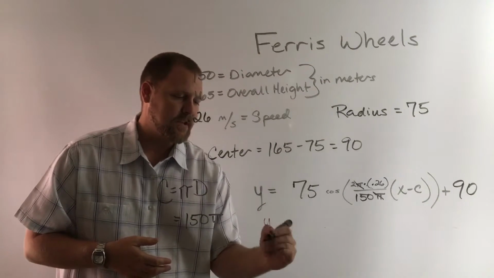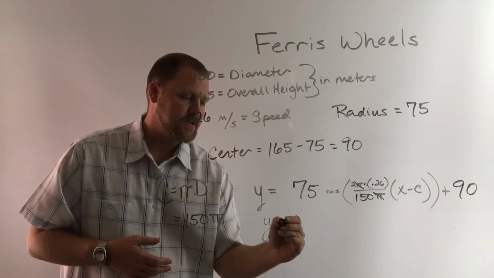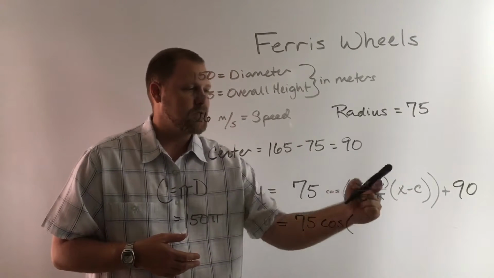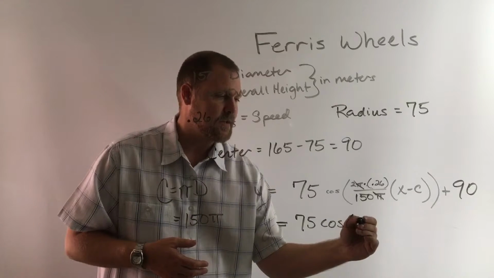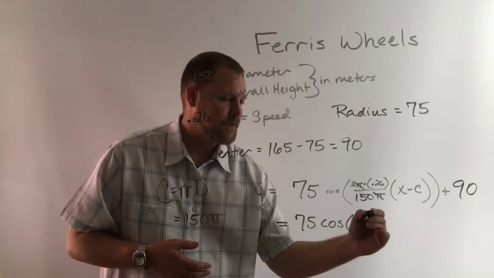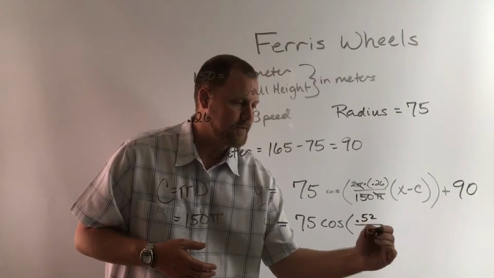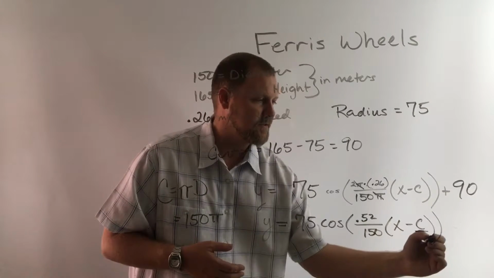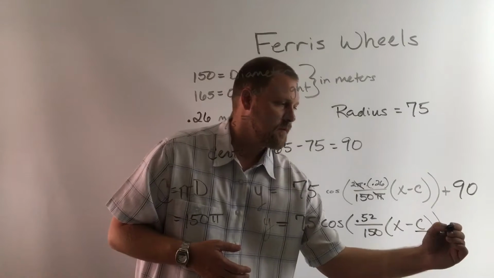So then we can simplify our equation here: 75 times cosine of 2 times 0.26, which is 0.52, divided by 150, times (x minus c), where c we can talk about in just a second, plus 90.